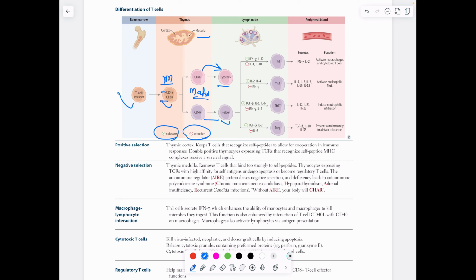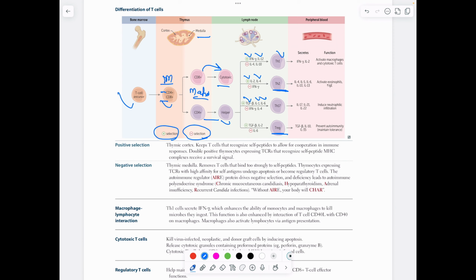If the helper cell is going to convert into T helper cell 1, it needs interferon gamma and interleukin 12. And if it is to convert into T helper cell 2, then it needs interleukin 2 and interleukin 4. And for 17, it needs tumor growth factor beta and interleukin 6.